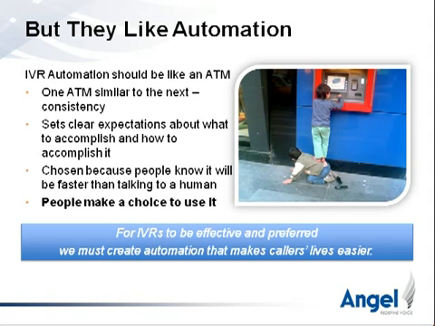The self-service options that I do in the IVR should be just like the ATM, refilling my prescription or checking a balance, or anything that I can do quickly versus waiting on hold or even not on hold, explaining everything to a live agent. Then those pieces should be automated.